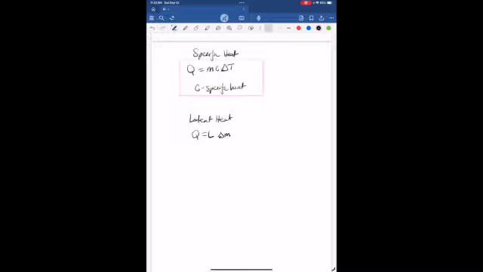The constant of proportionality is L, called the latent heat of either fusion, which means melting, or vaporization. Vaporization is when you turn a liquid into a gas.